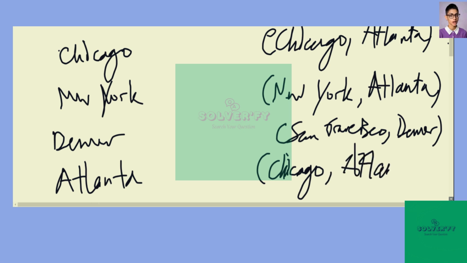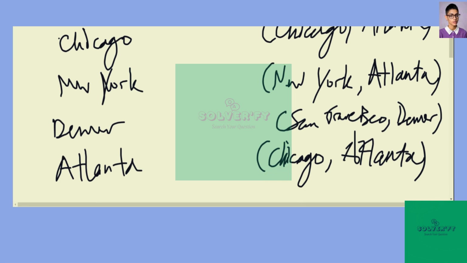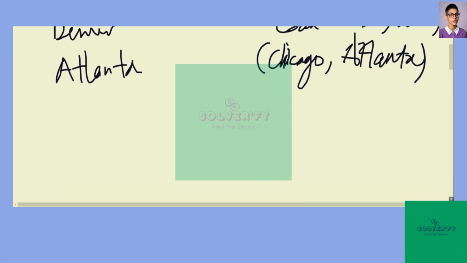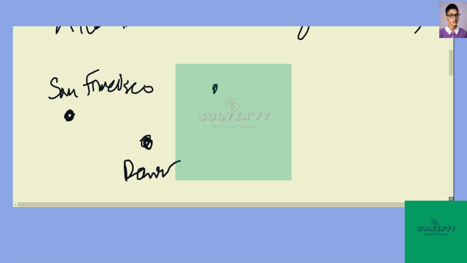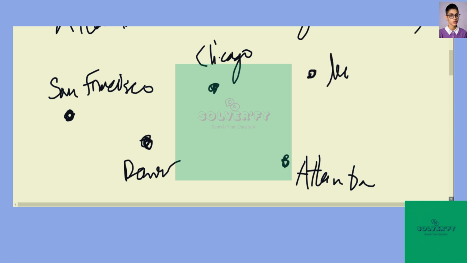So we see that we only really are going to be adding 3 edges in this step. So first, I'll draw the vertices for this graph. So we have San Francisco, Denver, Chicago, Atlanta, and New York.